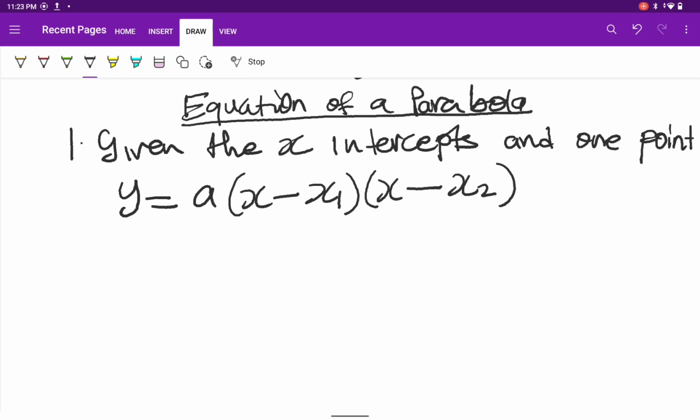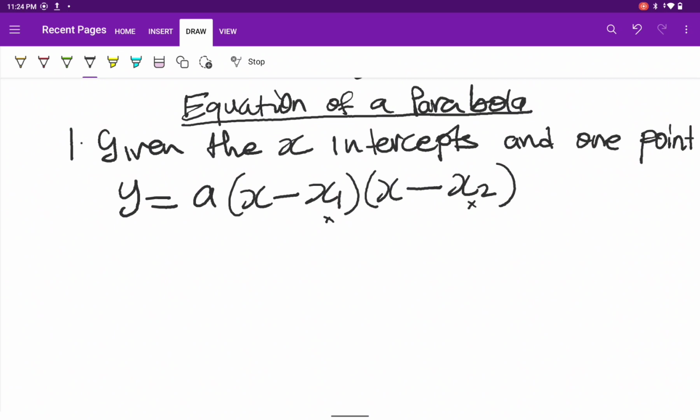So that's when we are given the x-intercepts. In other words, x1 and x2 are our x-intercepts. So when we are given the x-intercepts and 1 point, any point, we will use this formula.